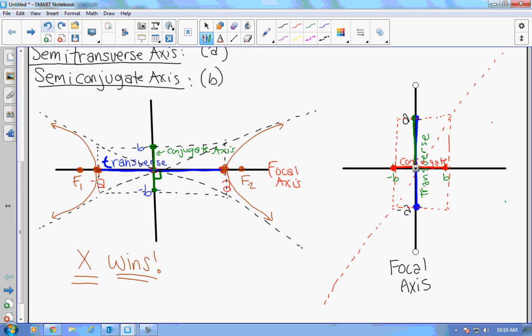That wasn't very straight. We have asymptotes that the hyperbola will never cross.